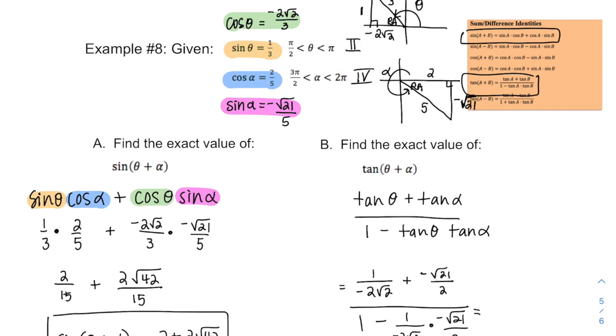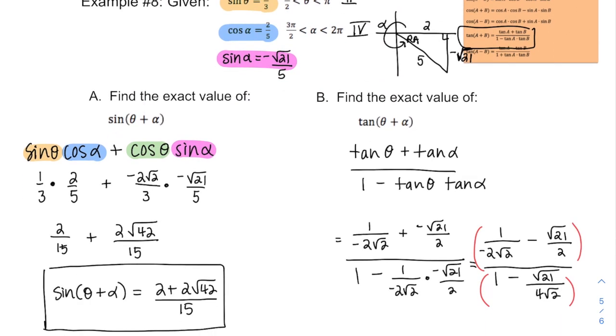So I'm going to clean up just a little bit. Let's start just by putting together our bottom denominator. This is still going to be minus, it's going to be root 21 over 4 root 2. Now I'm going to multiply by a common denominator. Tangent, it's all about the simplifying that usually gets to be tricky in these questions.